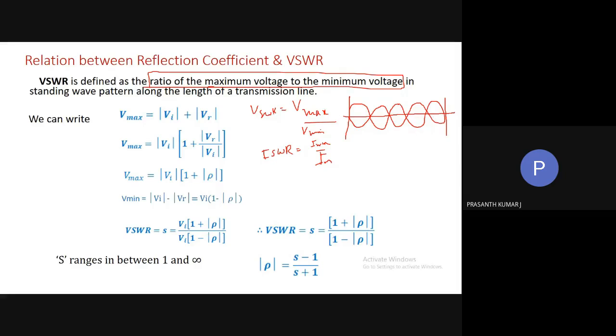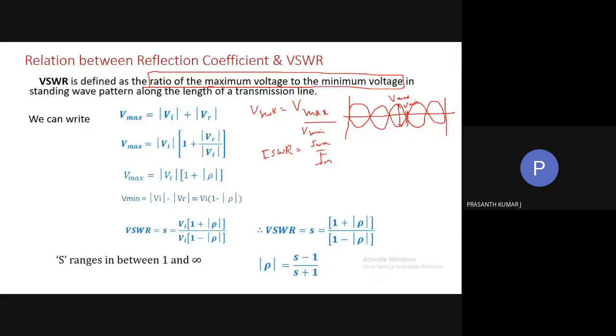Now here if you see, maximum voltage is there. So this point is called Vmax. Next, here, this point is called minimum voltage or Vminimum. Is it understood? Where the amplitude is maximum, it is called Vmax.